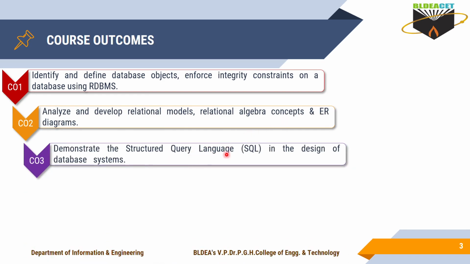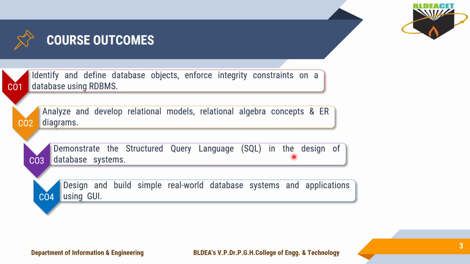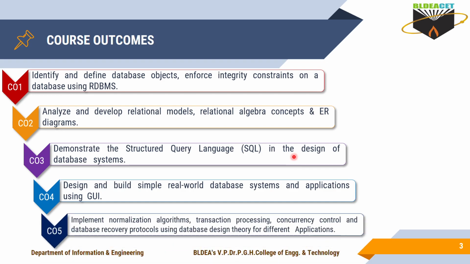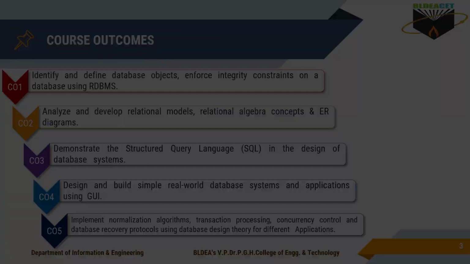Demonstrate the structured query languages in the design of database systems. Design and build simple real-world database systems and applications using graphical user interface. Implement normalization algorithms, transaction processing, concurrency control, and database recovery protocols using database design theory for different applications.